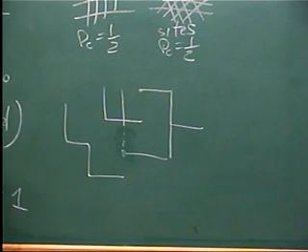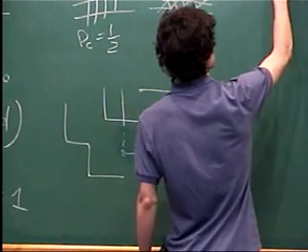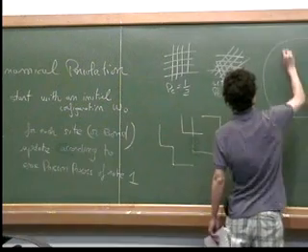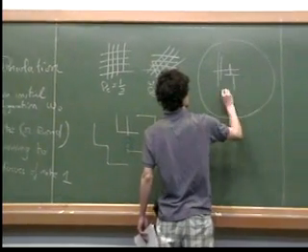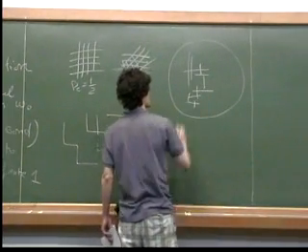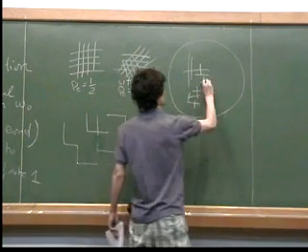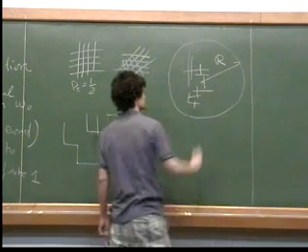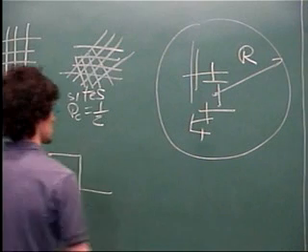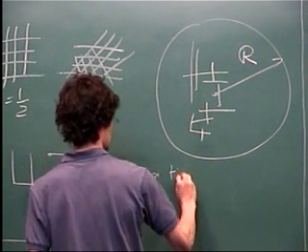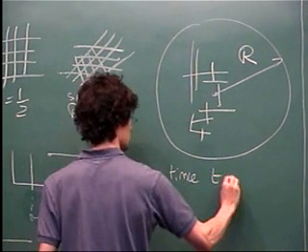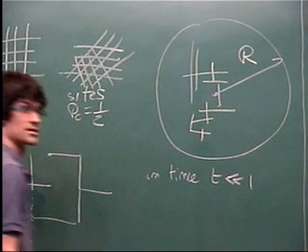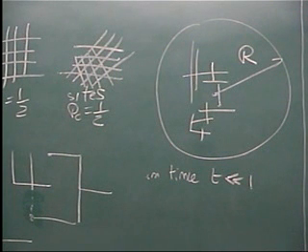So if you look at this from far away, and you start with some configuration, so it's a bit hard to draw, but in a radius r, in time t small, let's say, how many edges will have changed?